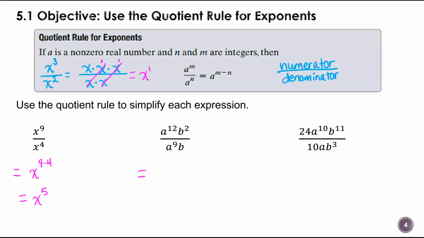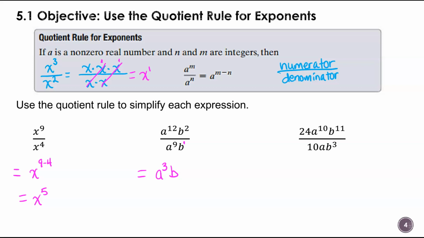On the a's I have 12 minus 9, so that's a to the 3rd. On the b's I have, sorry, 2 minus 1, so that's b to the 1st, and I'm not going to write the power of 1 on there because we just don't do that. We leave it off. Sometimes you need to think about it, though, right? How does this work out?